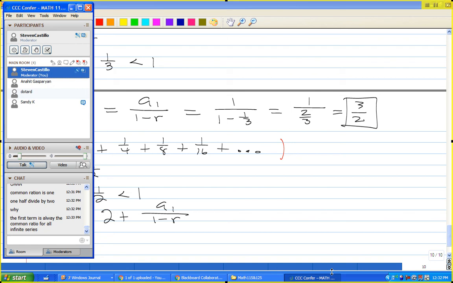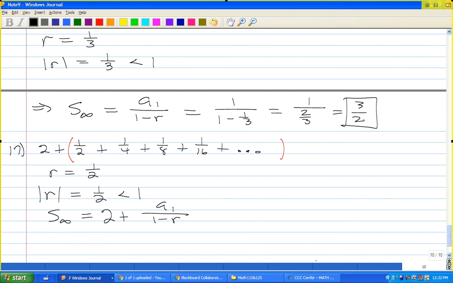Okay, so the first term of your geometric sequence, the first term of the geometric series, will be a1. So in this case, look in the parentheses.